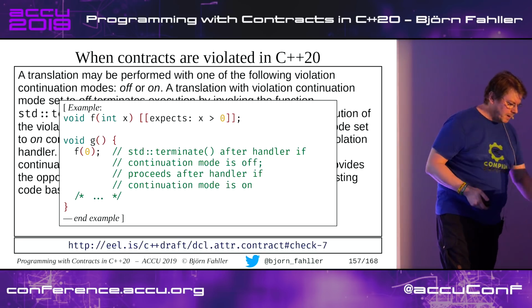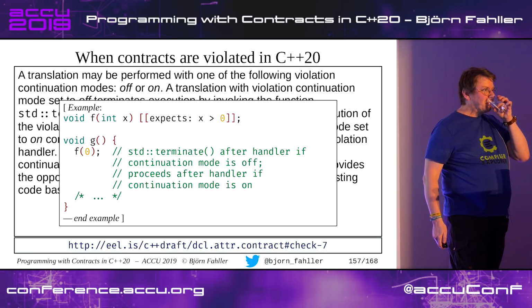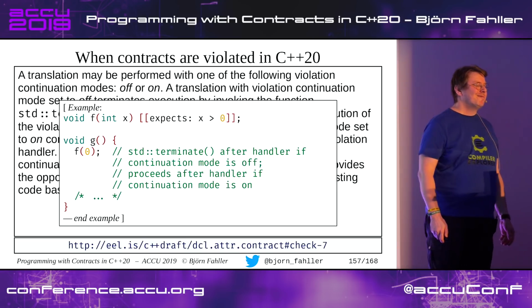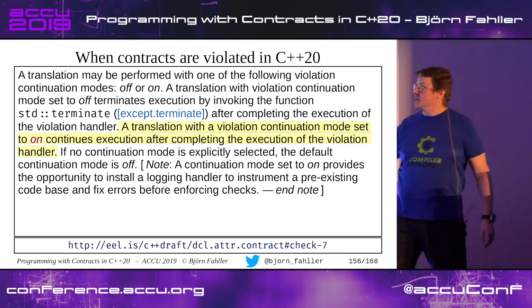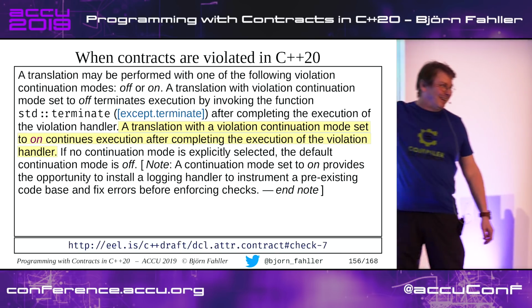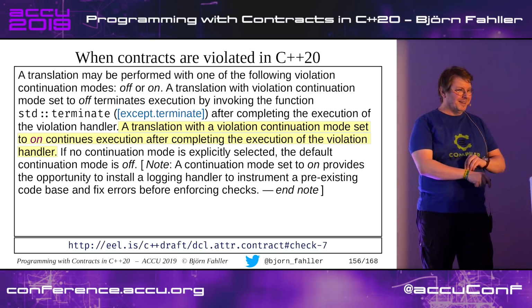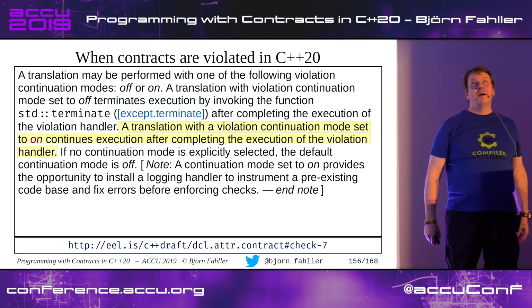The reason for continuation is specifically when you introduce contracts into existing legacy code, and you want to observe whether it's being called down a contract without bringing down the production program. Yes, I know, because it's written here that the reason for it is, but not for testing. Well, okay, yeah.